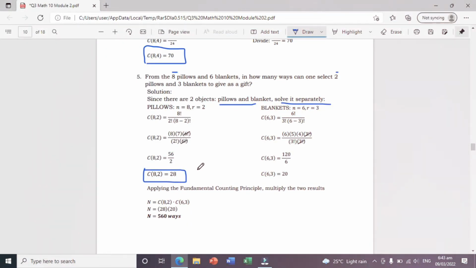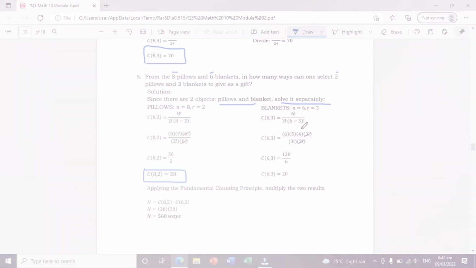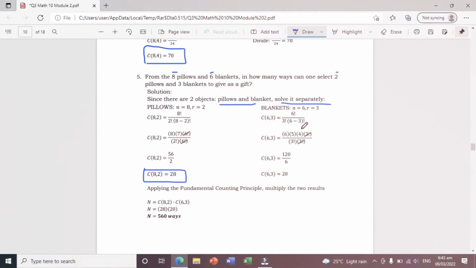For the blankets, how many blankets in all? There are 6. And how many will we select out of 6 blankets? 3. So n equals 6, r equals 3. So C(6,3) equals 6 factorial over 3 factorial times (6 minus 3) factorial.